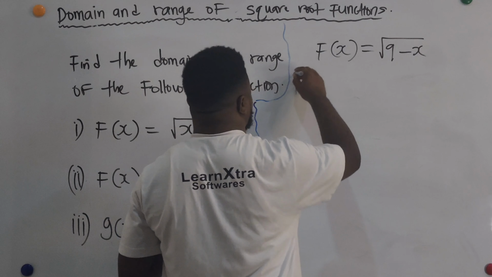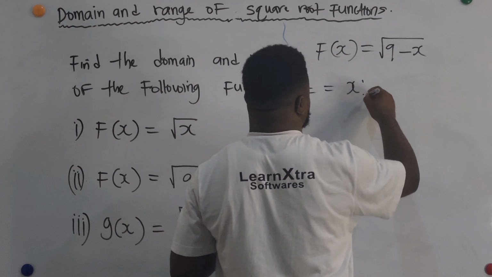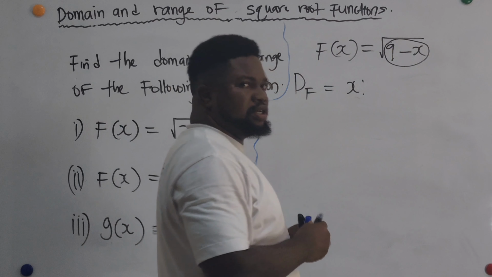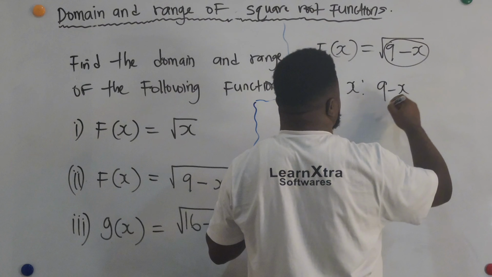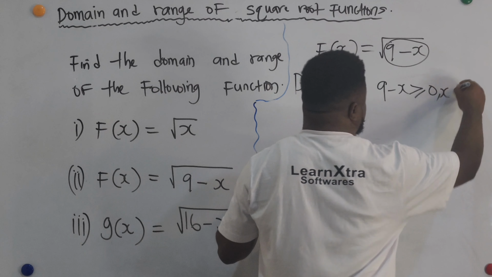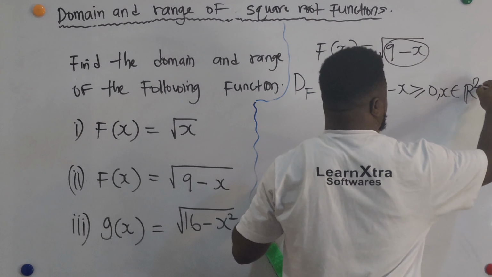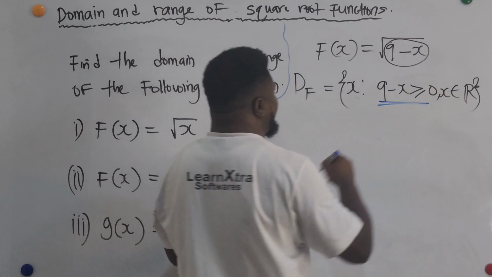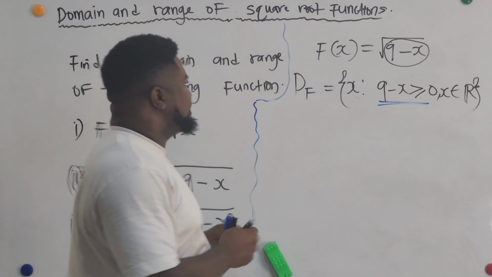So the domain here, D sub f, is equal to x such that the contents of your square root, everything inside the square root, should be greater than or equal to 0, where x is a member of the real numbers. Now, this inequality here is not well simplified, so we can go ahead and simplify it so it looks better.